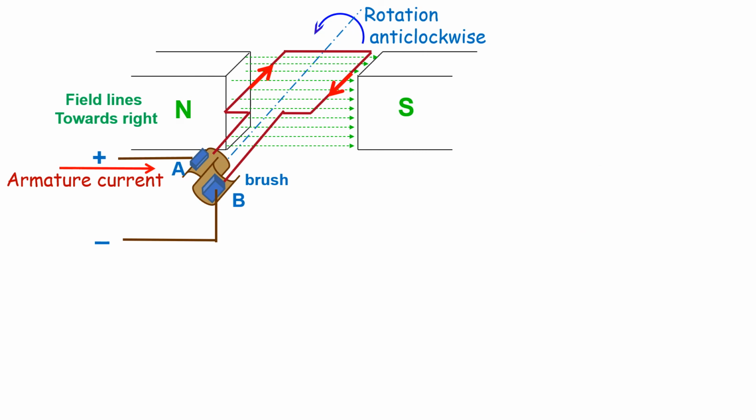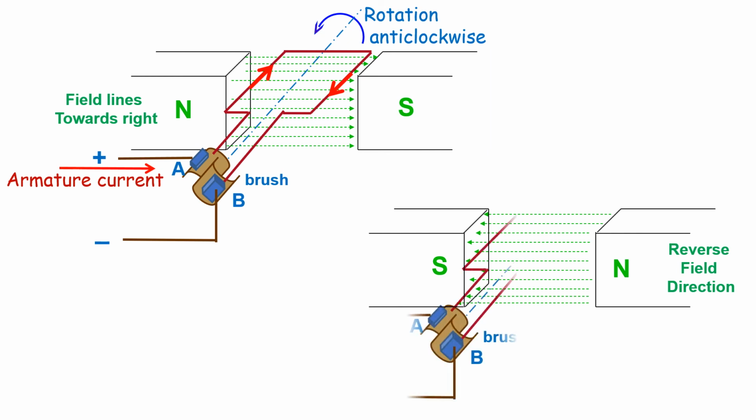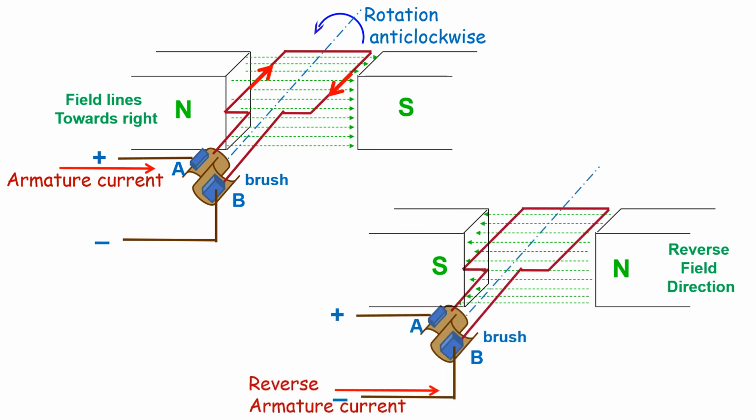In this case, the field lines are towards right. Armature current is passing through brush A. For this field direction and armature current direction, the rotation is anti-clockwise. Now reverse the field direction towards left, and reverse the armature current direction also.